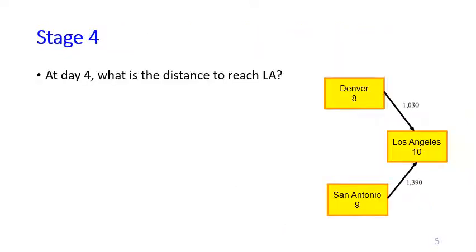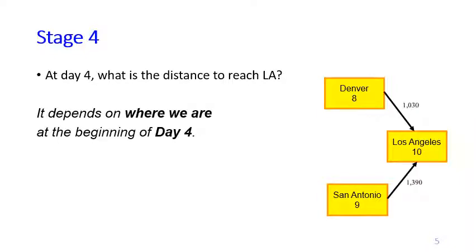So at day 4, after 4 days of driving, Joe may be at Denver or maybe at San Antonio. So if I ask you a question, at day 4, what is the remaining distance for Joe to reach LA? What would be your answer? Well, the correct answer should be: it depends on where Joe is at the beginning of day 4, right?